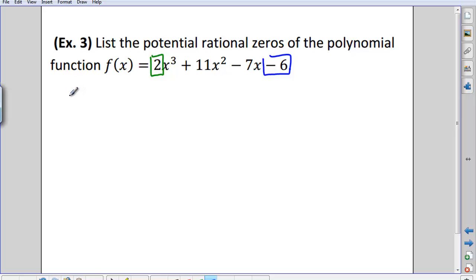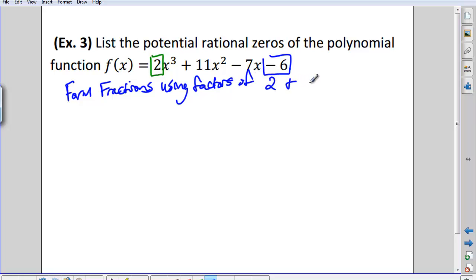And we want to make fractions using factors of 2 and -6. So we need the factors of 2 and the factors of -6.